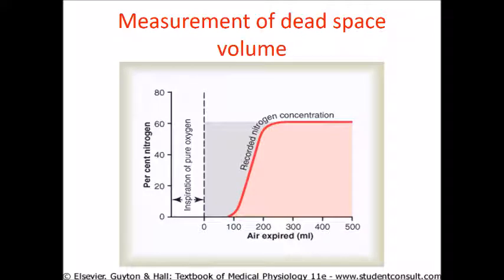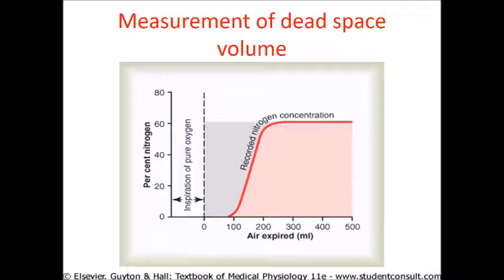Now carefully see this diagram. There is a red line visible, the recorded nitrogen concentration. To calculate the dead space, an instrument is required which is called a nitrogen meter. The procedure is, initially the person is asked to inspire pure oxygen.